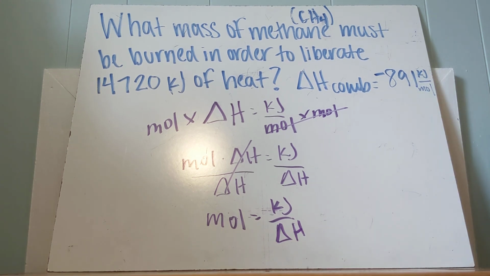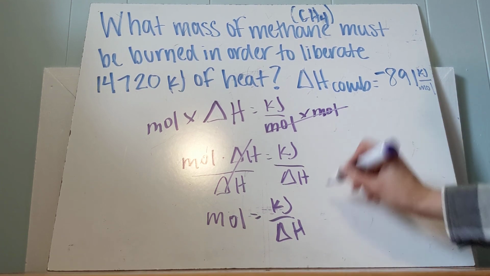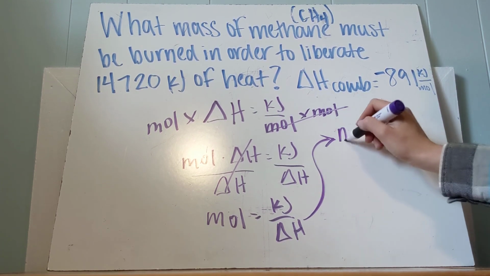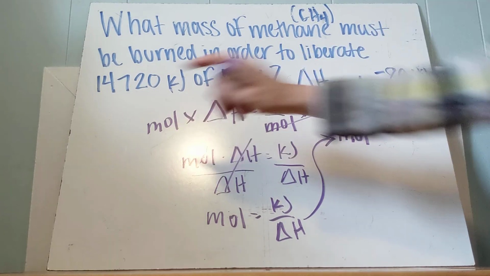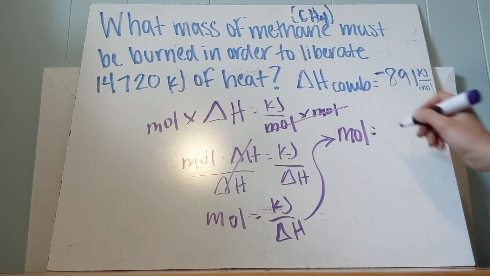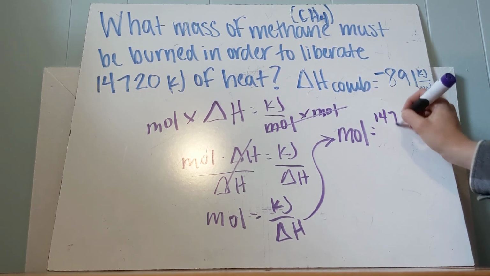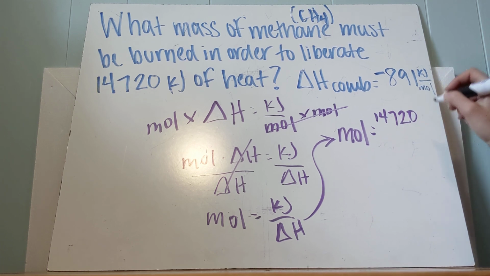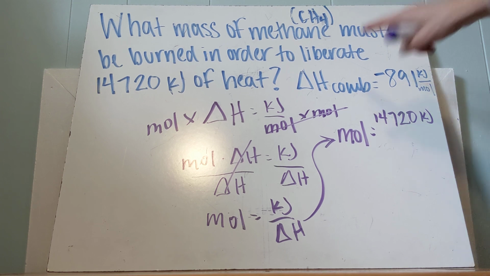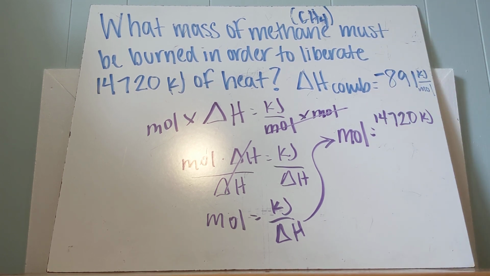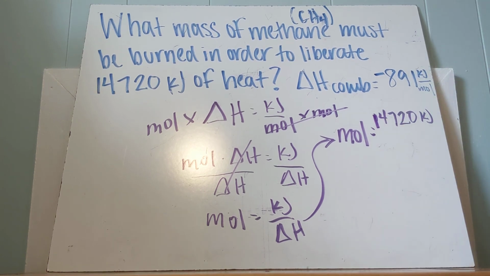So now in order to get moles, I'm going to plug into this formula. So I have delta H and I have kilojoules. So kilojoules is 14,720. But before I actually write that all the way out, it says it's liberating that much heat. If it's liberating, that means it's releasing.